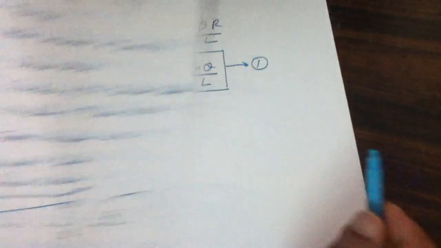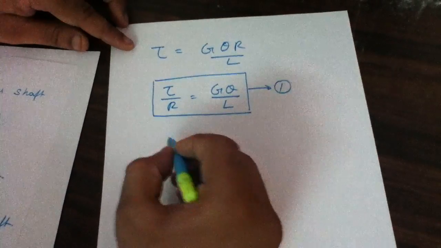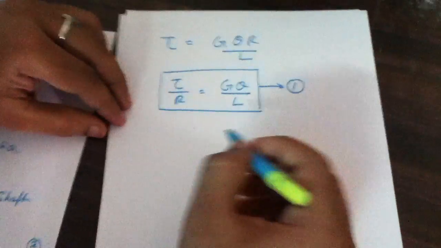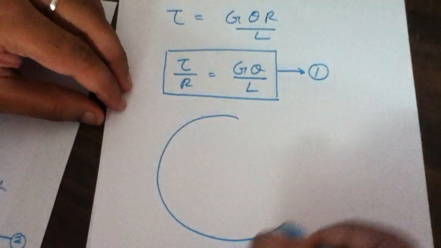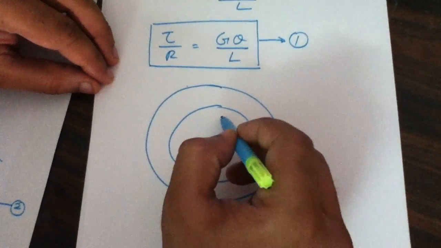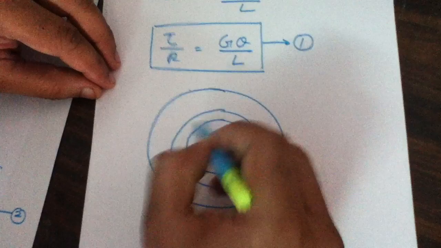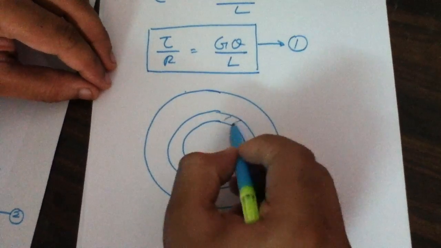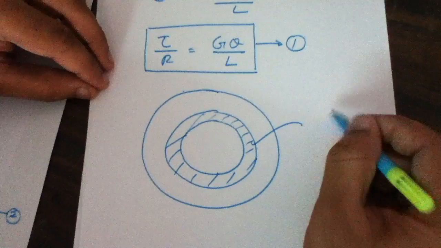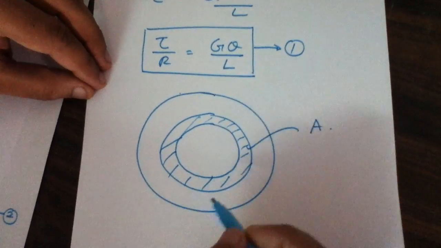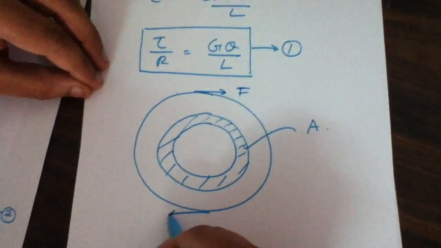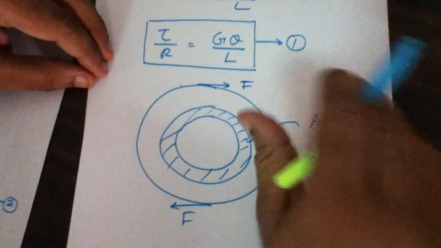Okay, now we are going to derive the third part, and it's a little complicated, so listen carefully so that it will be easy. Now I am taking the cross sectional view, and I am taking a small area of that section, and let us say this is area A, and when we apply a force here, we tend to move this body.